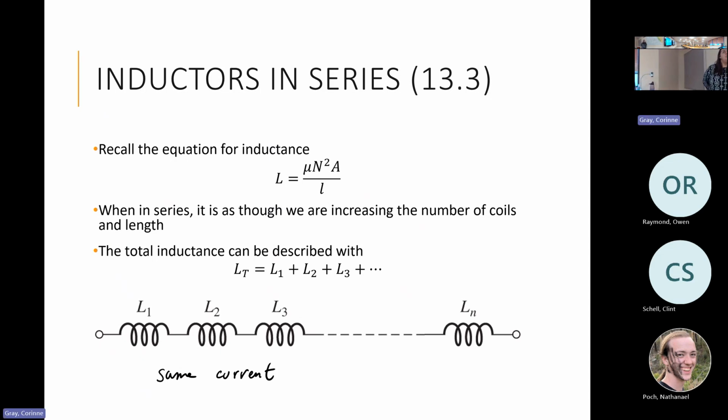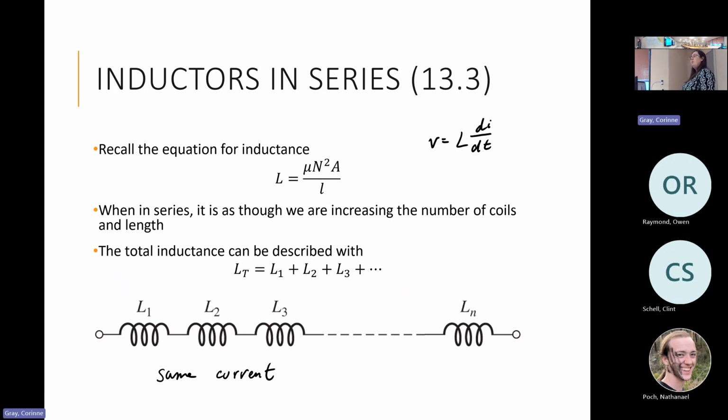Which equation does this look like? Does this look like total resistance or total capacitance? Yeah, it matches the resistance. If we look at our equation for the voltage, V is equal to L dI over dt.